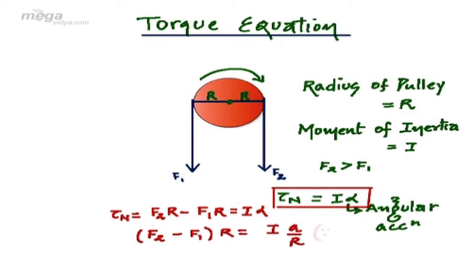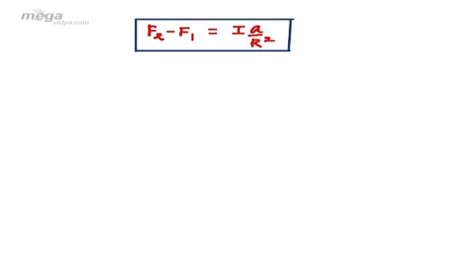Since alpha can be written as a upon r, we can say F2 minus F1 is equal to I a upon r square. Basically, this equation is called the torque equation.